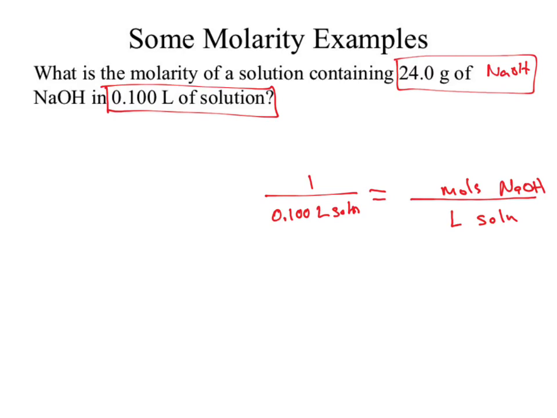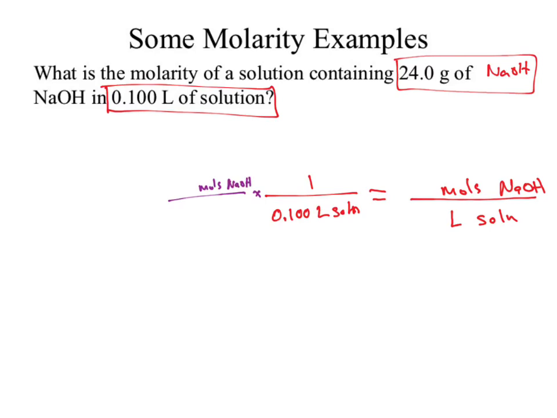What do I want? Moles over liters. What do I have? Liters. Do I need to do something? Yeah, what do I need to do? I need to do another conversion. What do I want? I want moles of sodium hydroxide.